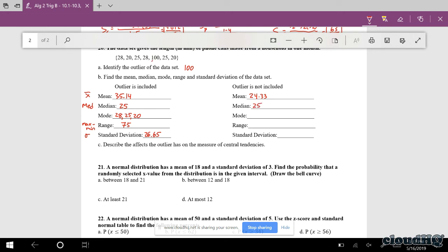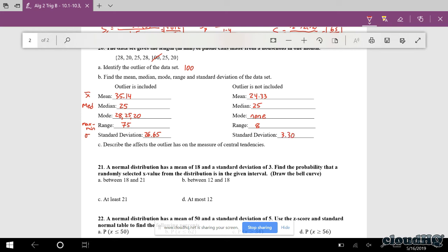Your mode, notice when you take out 100, now everything happens twice. 28 happens twice, 20 happens twice, 25 happens twice. So really nothing is more frequent than others. So this time your mode is actually none, even though you didn't lose any of those, just that everything's the same. Your range now goes from 28 to 20, so that's a difference of 8. And our standard deviation, to the nearest hundredth, would be 3.30.